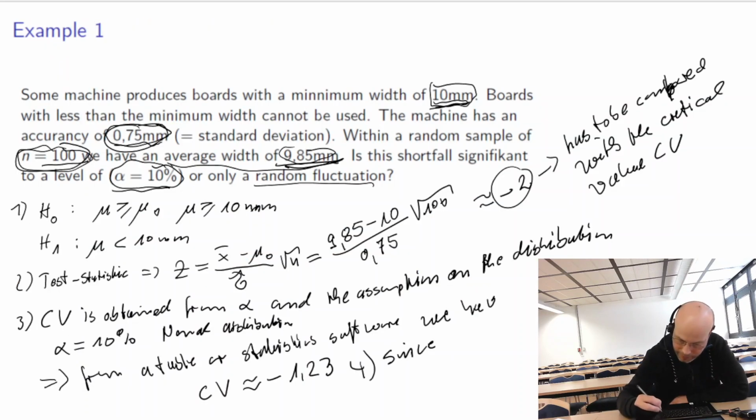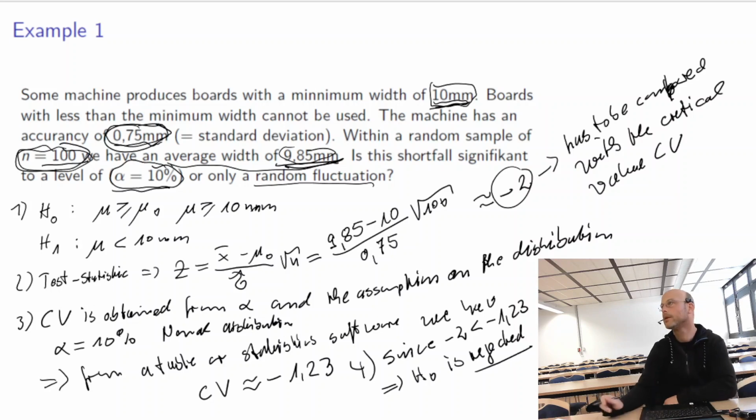So since minus 2 is lower than minus 1.3, H0 is rejected.